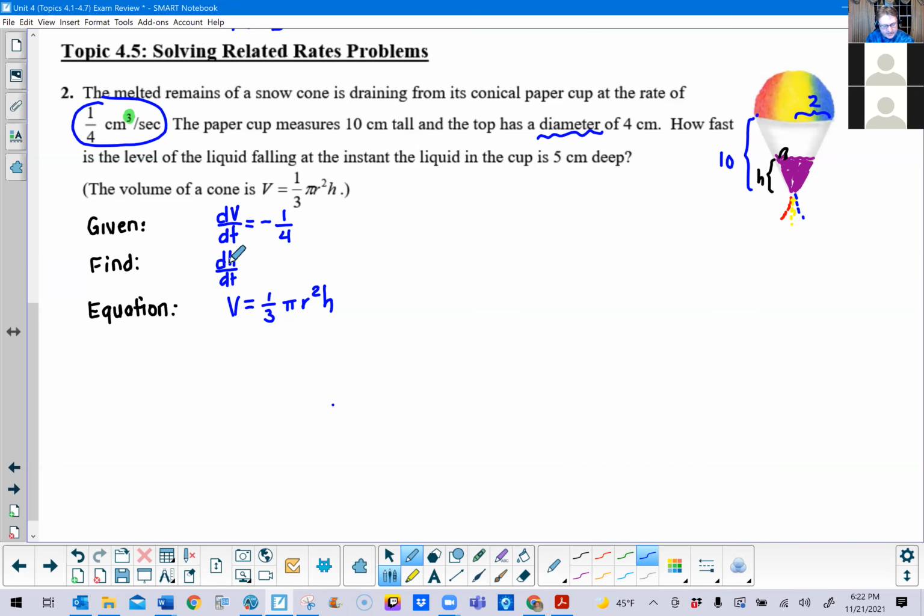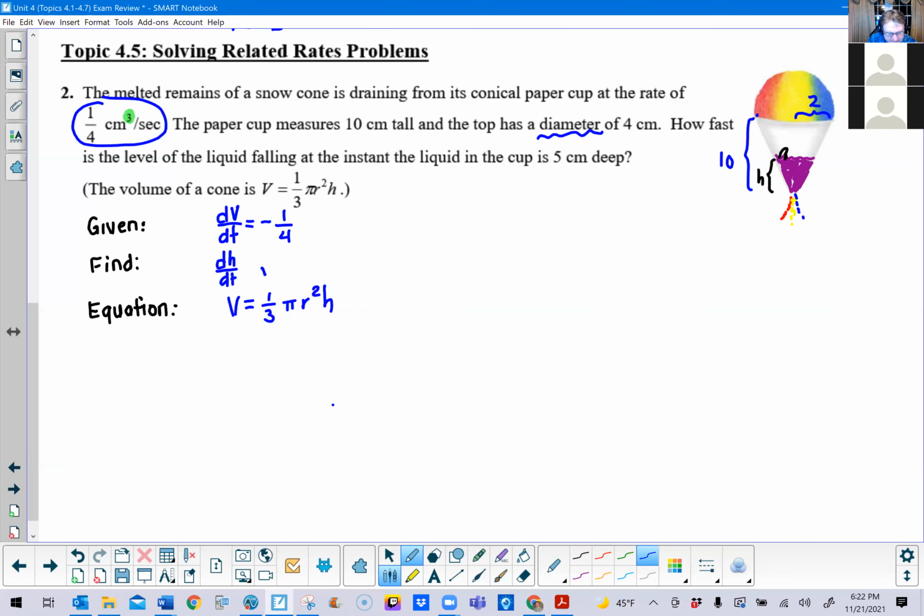That is what it means for what we're finding: how fast is the level of the liquid. A lot of you in the problem that we did thought that we were finding the rate of change of volume, which was kind of strange because we had already given you the rate of change of volume, right? So know the difference between your find and given, right? Level, the word level is pretty synonymous with height, I think, all right?